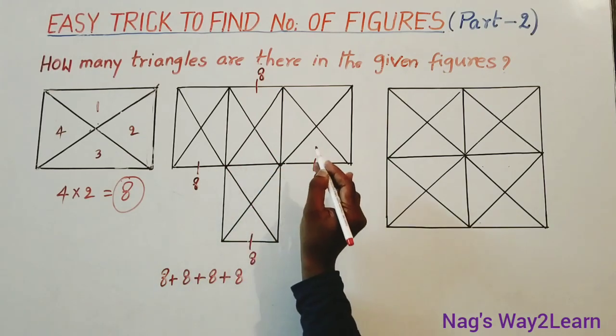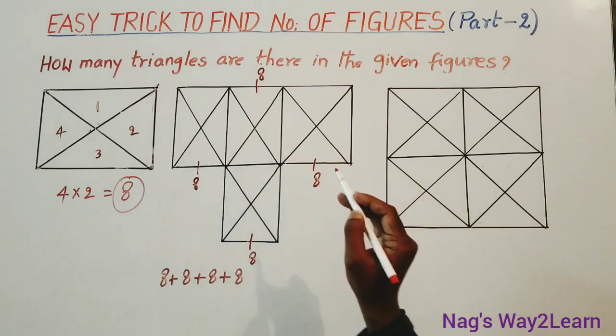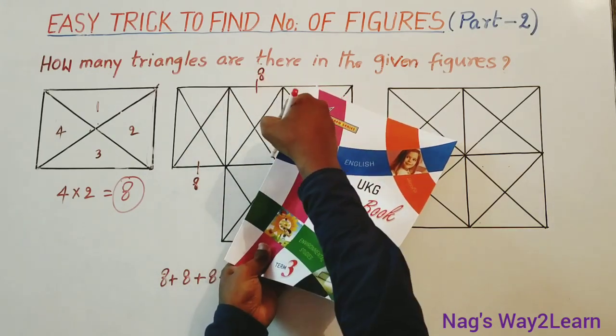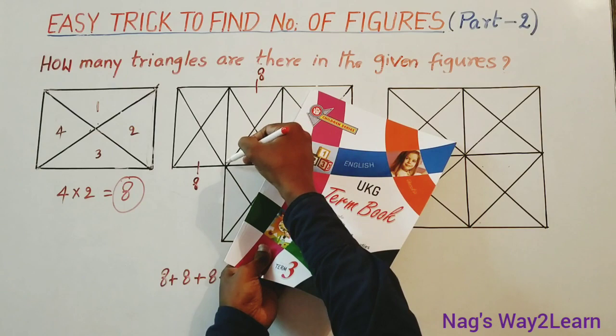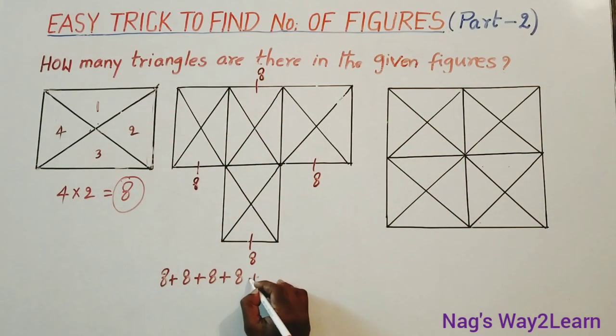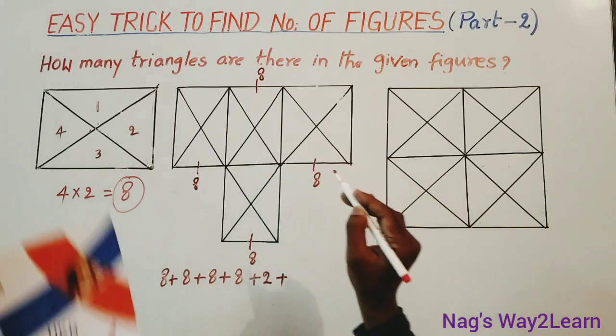And if you observe this carefully, you take these two parts. If you take these two parts, this is one triangle and this is second triangle. So totally 2 triangles are there. Now you take these two parts.